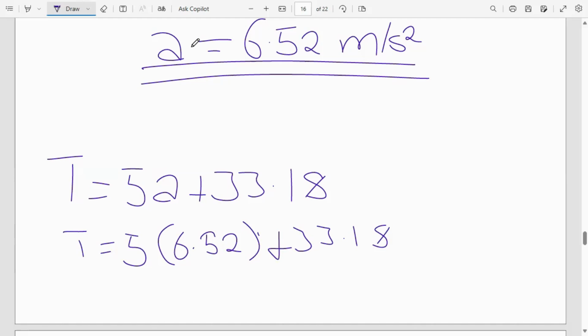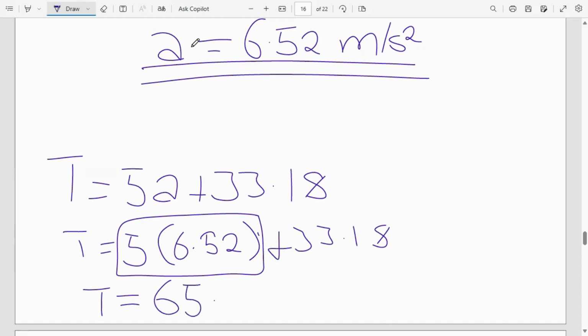So this is 32.6 plus 33.18. We're getting tension is equal to 65.784 newtons.